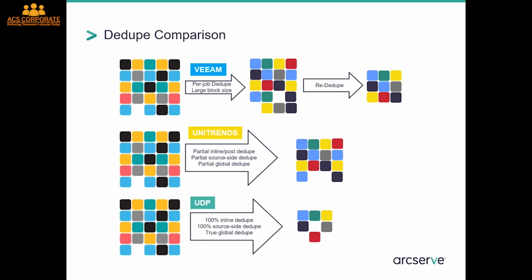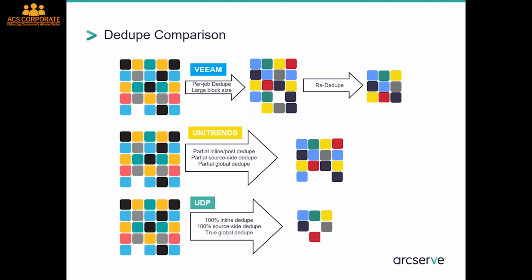Veeam will tell you the reason they use a large block size is that they get faster restore performance. But in reality, if you read a lot of the Veeam forums, they actually push hardware dedupe appliances to complement their technology, because they will never admit it officially, but their dedupe technology isn't that good.